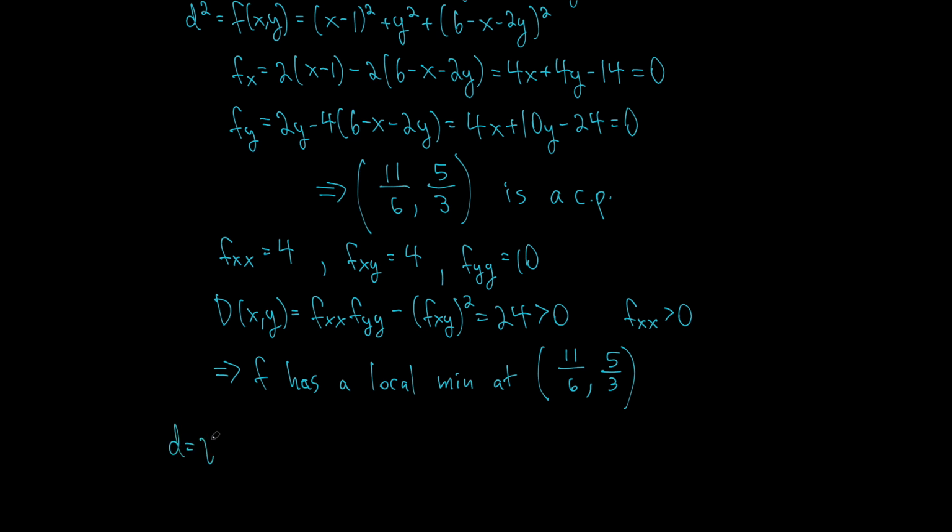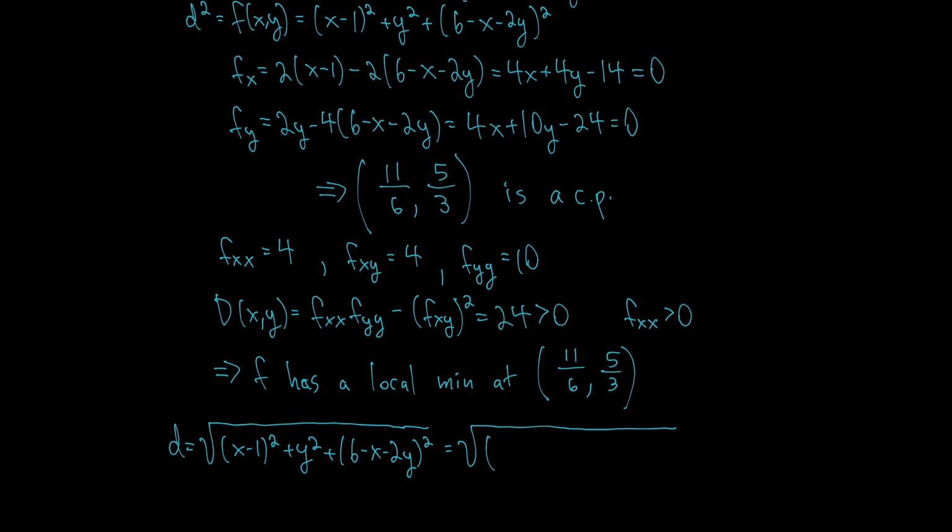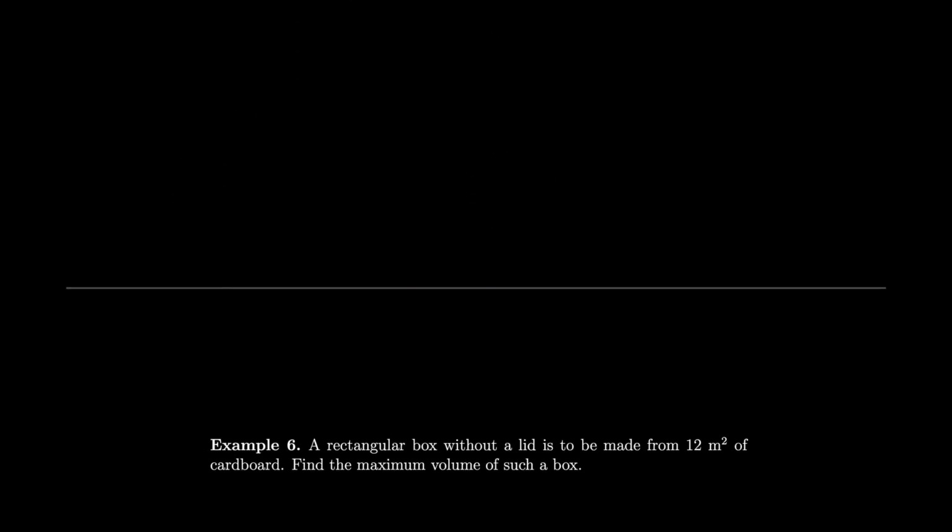We'll just set d equal to the square root of (x minus 1) squared plus y squared plus (6 minus x minus 2y) squared, and that's equal to 5/6 squared plus 5/3 squared plus 5/6 squared. So that's 5/6 radical 6 as our minimum distance.